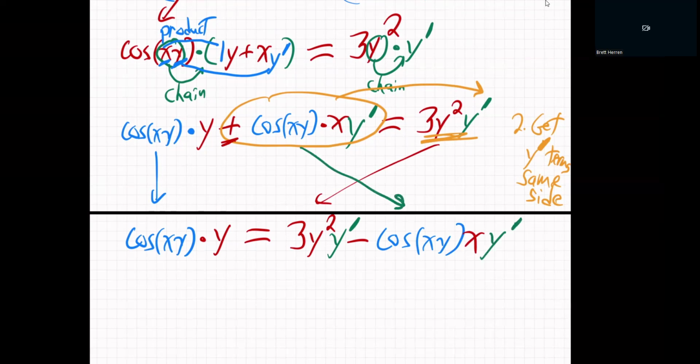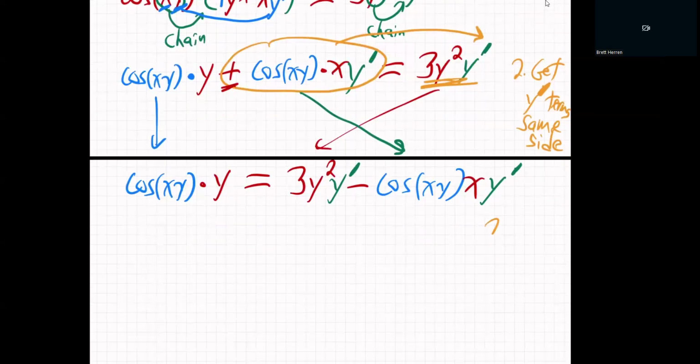Okay. And you've seen this before, right? Step 3. Factor. Oh boy, I'm just getting really scribbly there. Factor out y prime and divide, right? So we come in here and we say, oh, okay, yeah, these two terms both have a y prime.